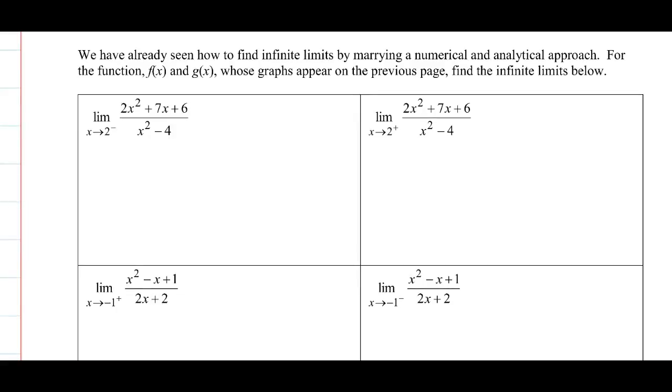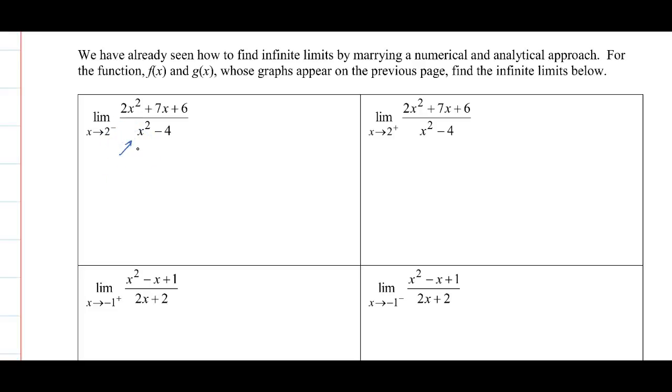We've seen how to find these infinite limits in a previous lesson, lesson 1.2. As you'll recall, our infinite limits are vertical asymptotes, limits that yield infinity. We found these by finding a factor in the denominator that would not cancel out.